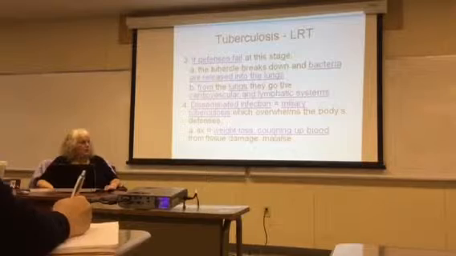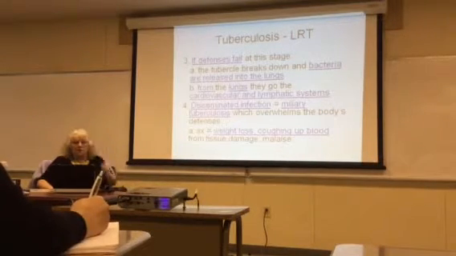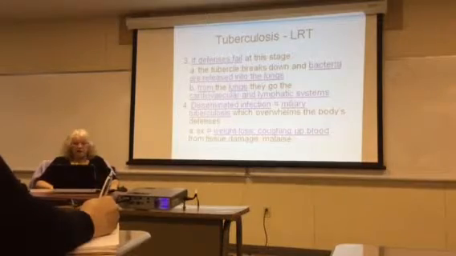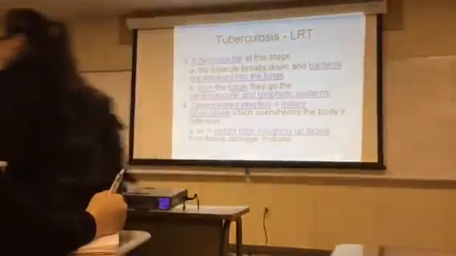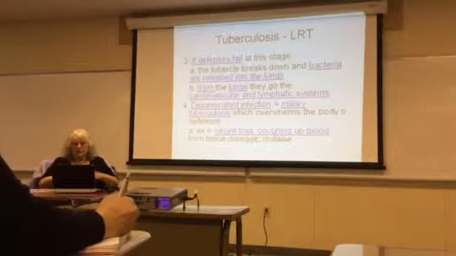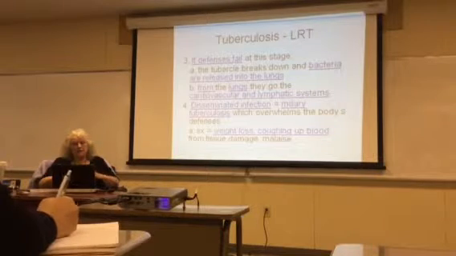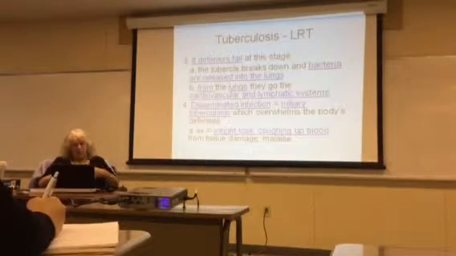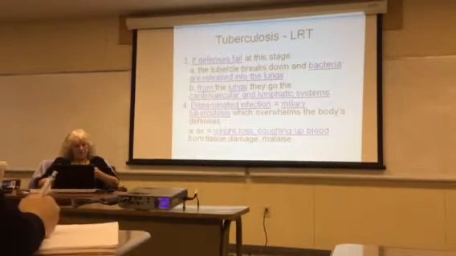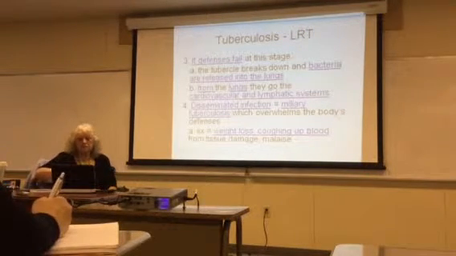It's also known as miliary tuberculosis, and it overwhelms the body's defenses. So this is when those tubercles break down and they start going throughout your lungs. Symptoms are weight loss, coughing up blood, because you're coughing so much you have damage to your tissues, and you just don't feel well.